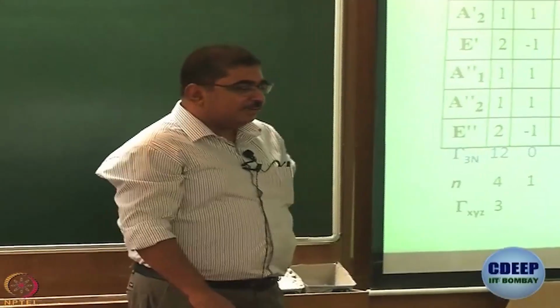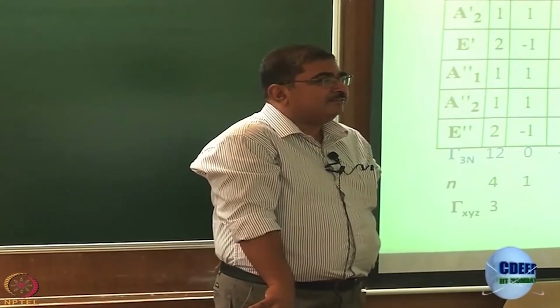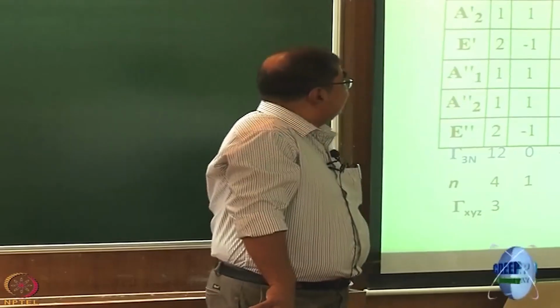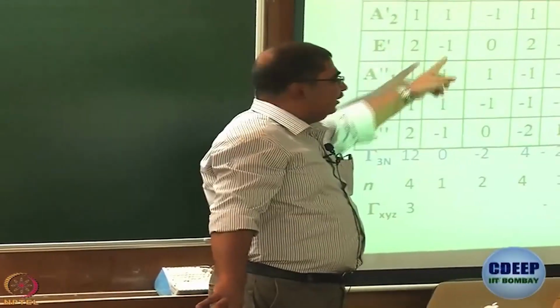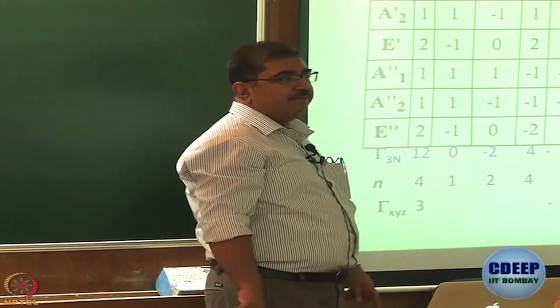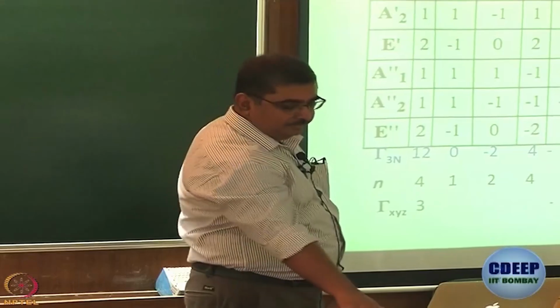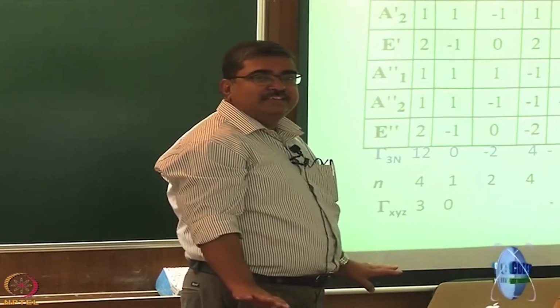What is the character for gamma xyz for C3? What is the character for E dash? -1. What is it for A2 double dash? +1. What is the sum? 0. Understand? We're just adding characters.